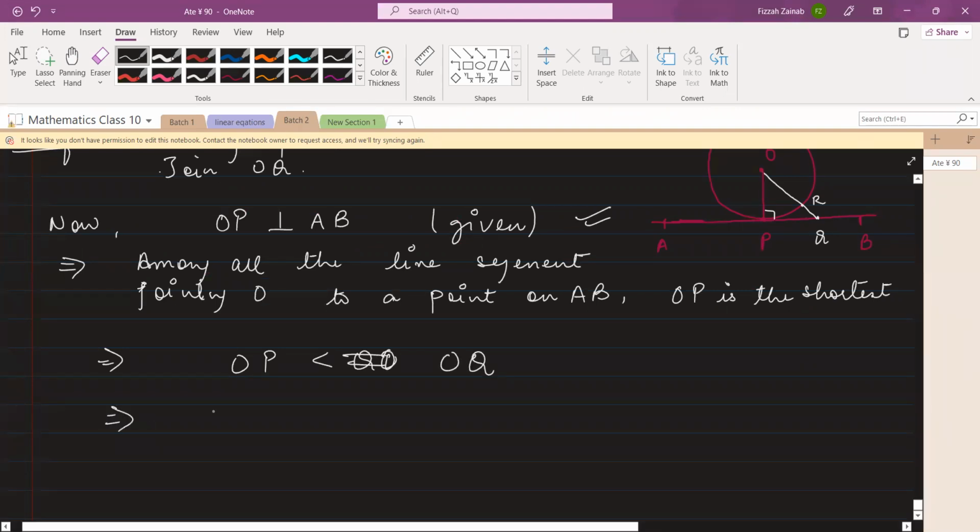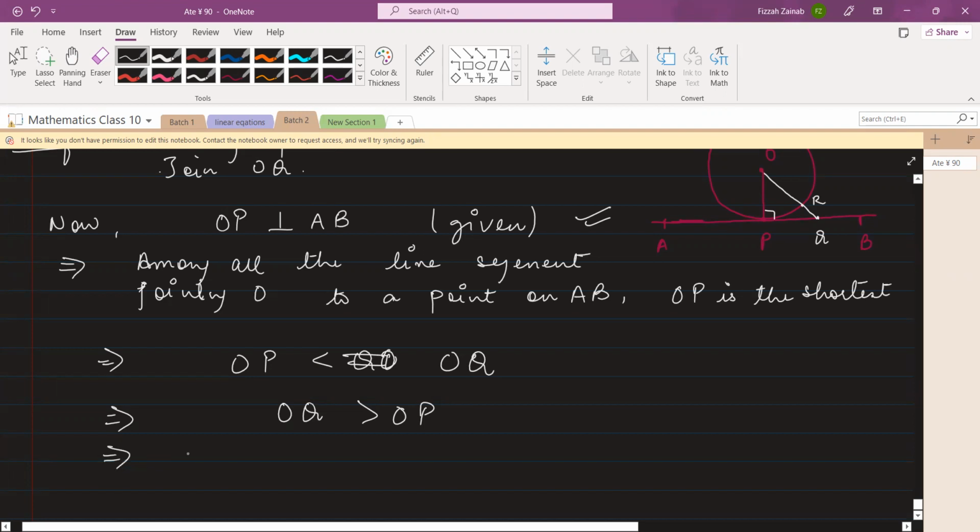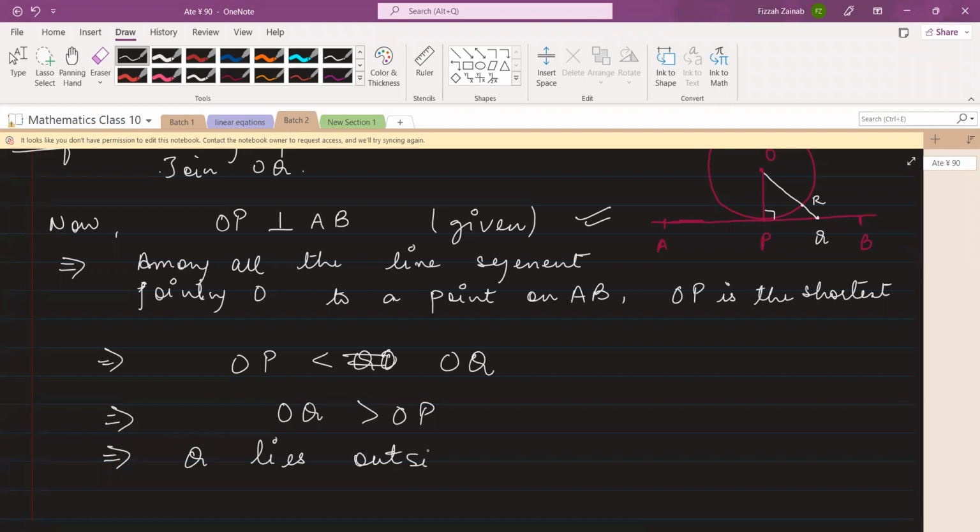Or just flip it: OQ is greater than OP. Now, when OQ is greater than OP, I can say that the point Q lies outside the circle. OP is the radius, and when some length is greater than the radius, obviously it falls outside the circle.